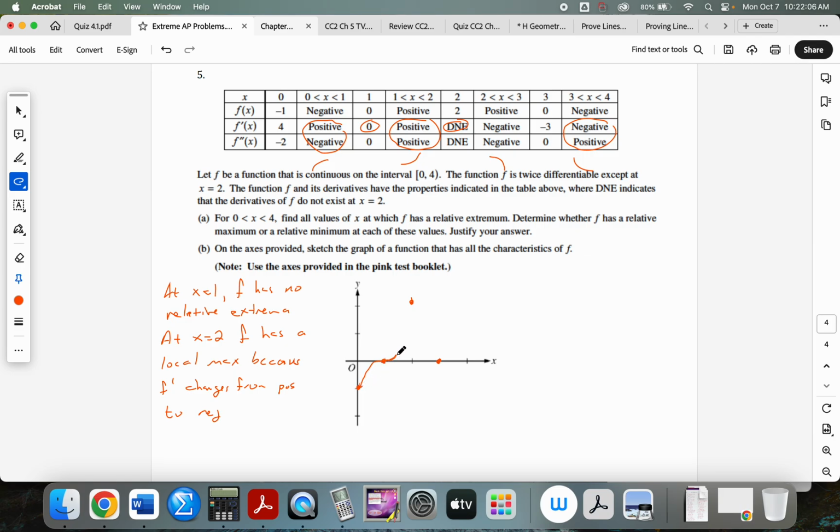It's got to flatten out at 1. Then here I go from decreasing concave down to decreasing concave up, so it's going to go overhand, underhand. We used to call this the shark fin problem because that's what it kind of looks like.